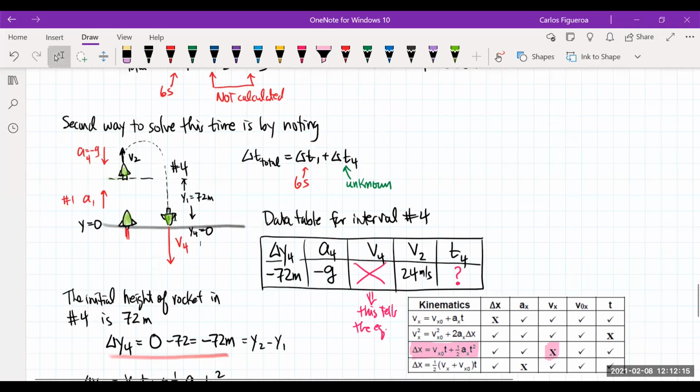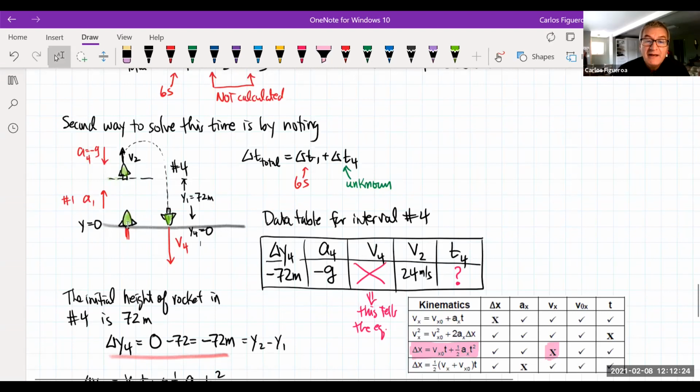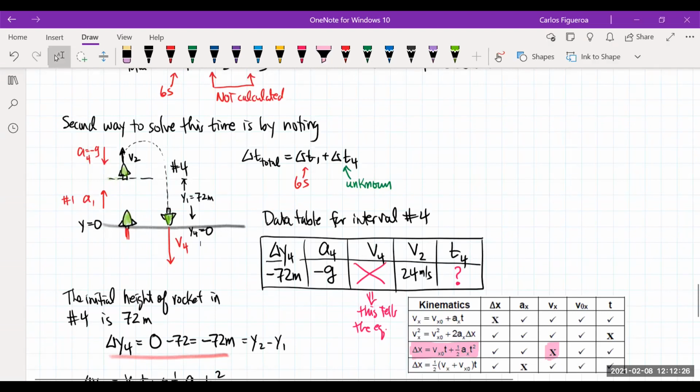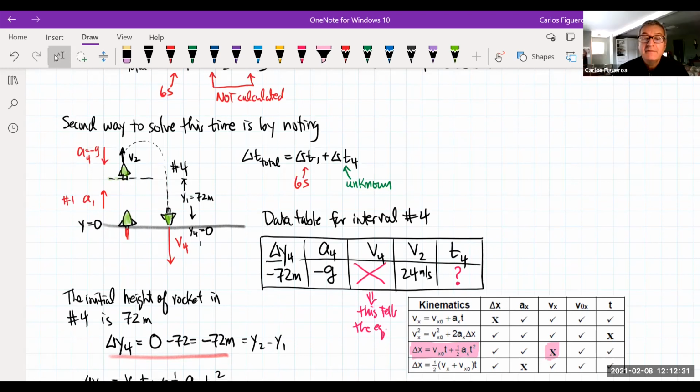Wait, was the question asking what's the total amount of time elapsed from the moment that it stops? From when it starts to when it ends. Oh, like from the very beginning? Yeah, the total time that it's in the air.